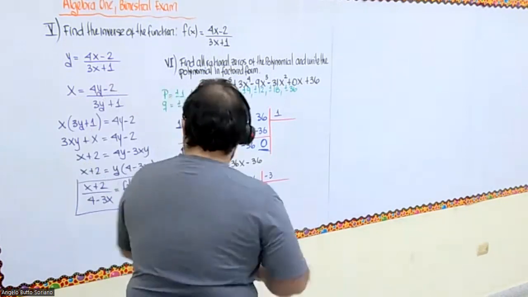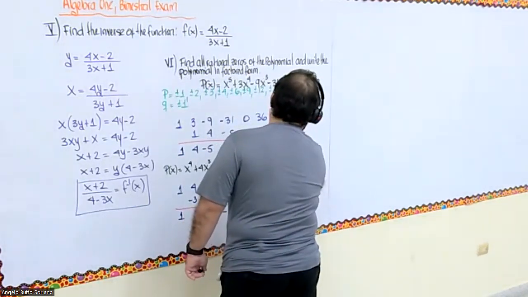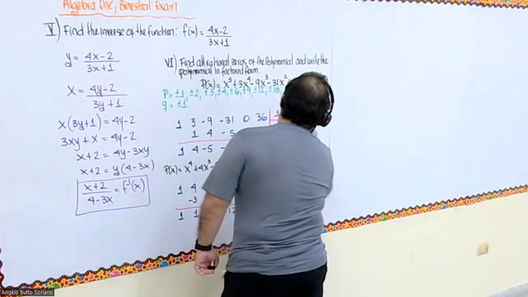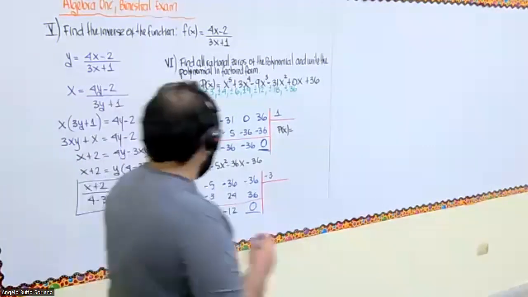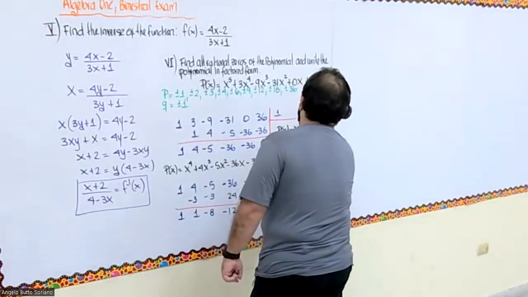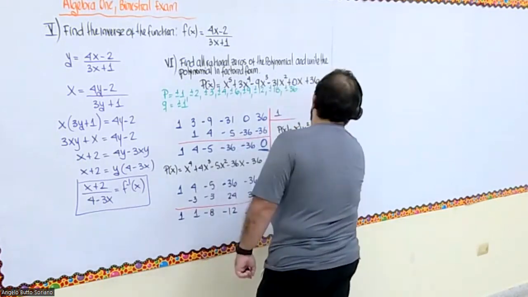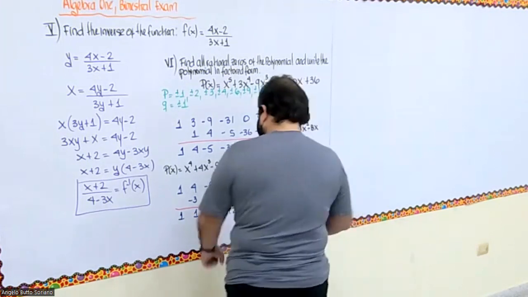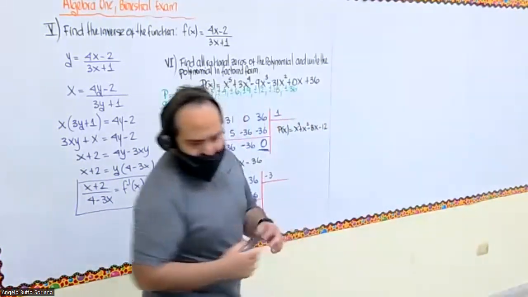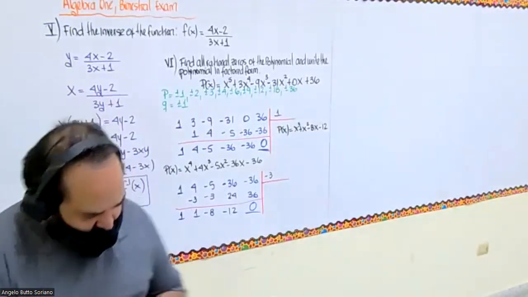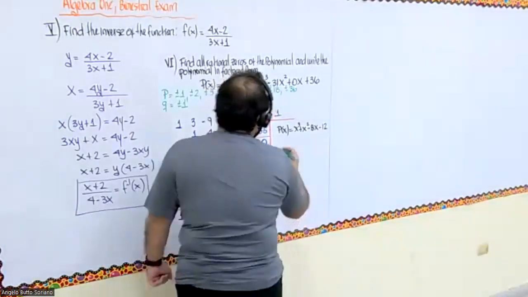The next one. P(x). Let's see if I can do it here. P(x) equals x cubed plus x squared minus 8x minus 12. Okay, minus 12. This time, my dear students, we can create the new P and Q factors.